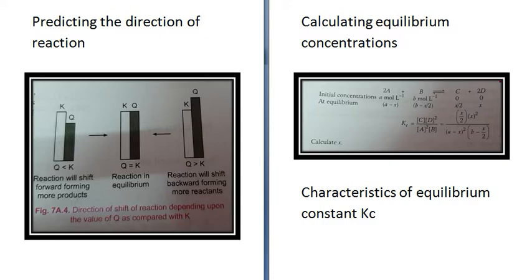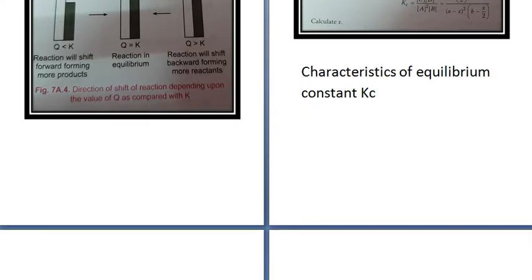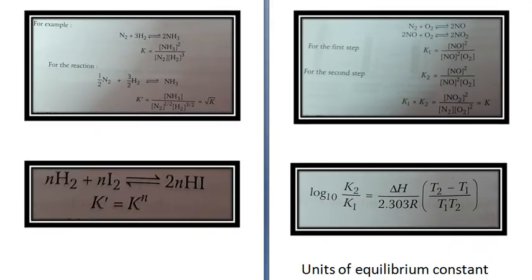Let us see with a few examples what this means. First, take the example N2 plus 3H2 giving you 2NH3. K will be NH3 whole square divided by the concentration of N2 into the concentration of H2 to the power 3.